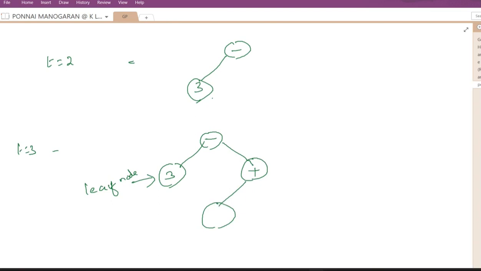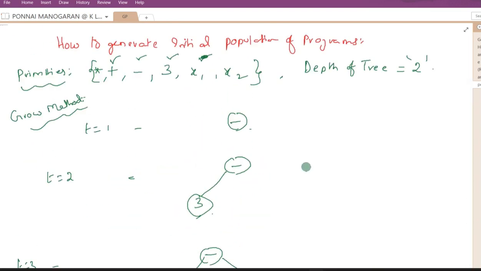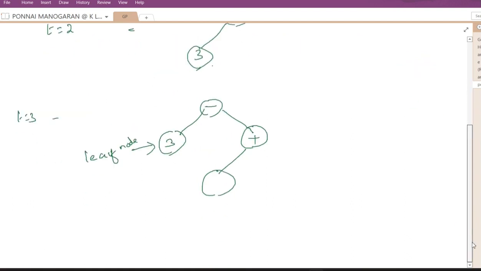So randomly select one terminal. It can be a constant or it can be some variable. Let us suppose x1 is sampled. So you can put x1. This is at the 4th iteration. At the 5th iteration, let us suppose you got x2. So you put it here. So at t is equal to 5, you will get a complete program with a depth of 2.